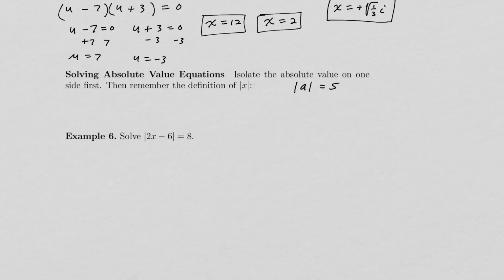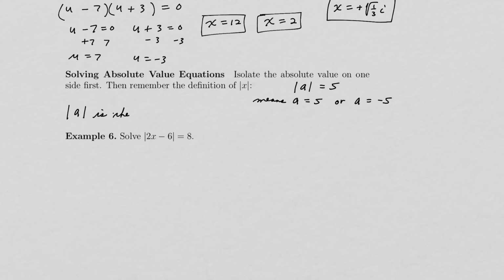Well, it means that the a could be 5, because the absolute value of 5 would give me 5. Or the a could be negative 5, because the absolute value of negative 5, again, would give me positive 5. Remember, in general, the absolute value of a is the distance from 0 on a real number line.